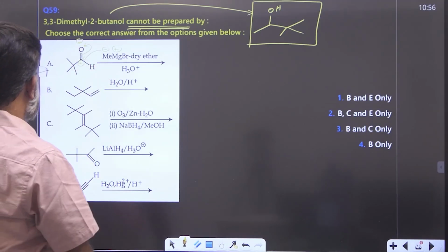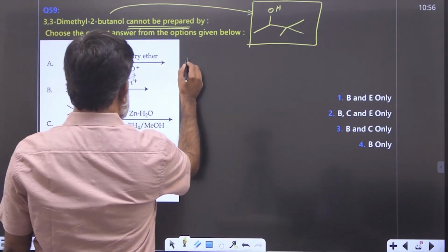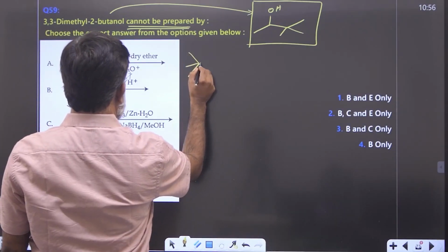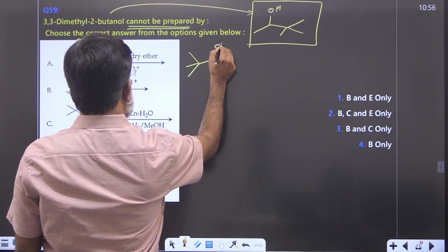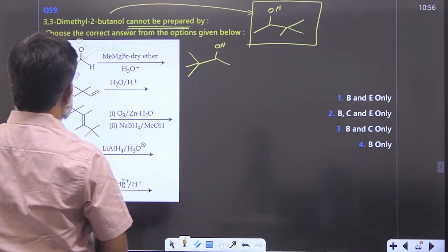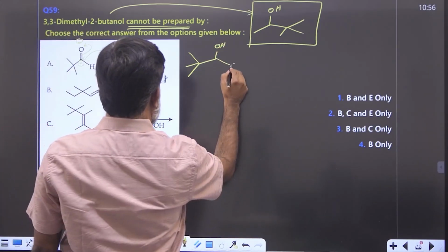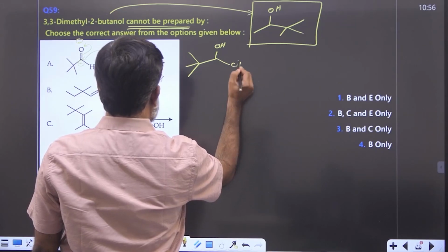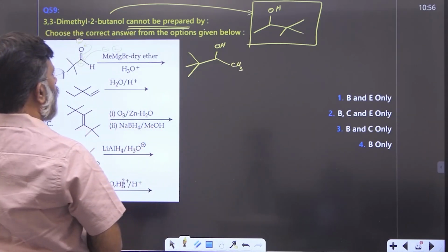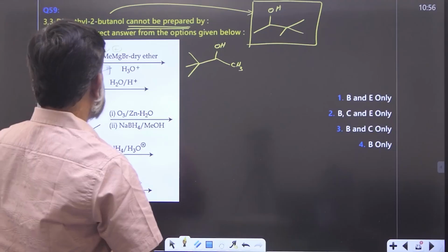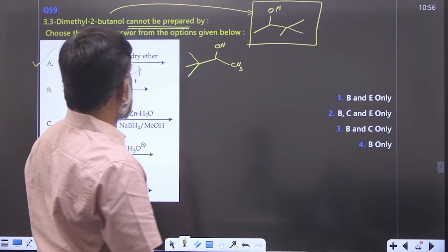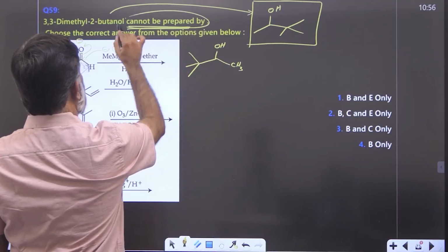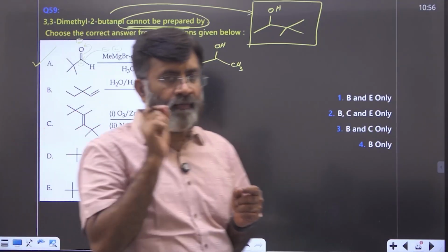An aldehyde reacting with the Grignard reagent, the product obtained will be, this will turn O minus and that will become OH by capturing a proton, and here there will be CH3. So A will give our compound, and it is not our answer.